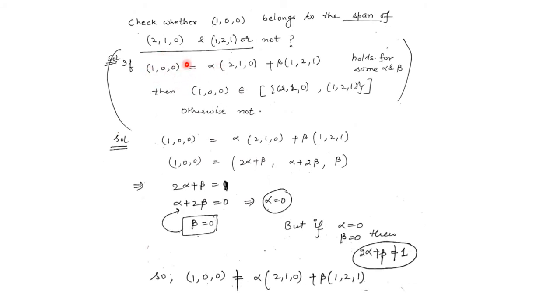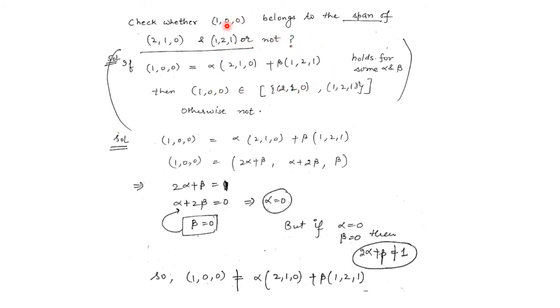If we cannot find the values of alpha and beta such that this is written as this, then this does not belong to the span of this. Okay, so what we need to check is whether this element can be written as a linear combination of these two, because the linear combination of these two is nothing but the span of this set, right?